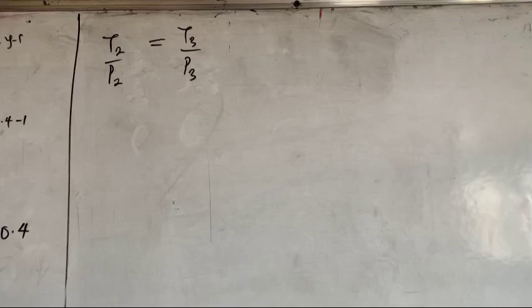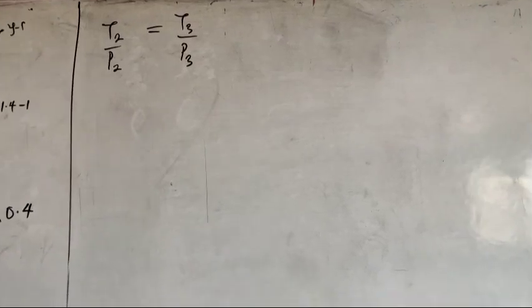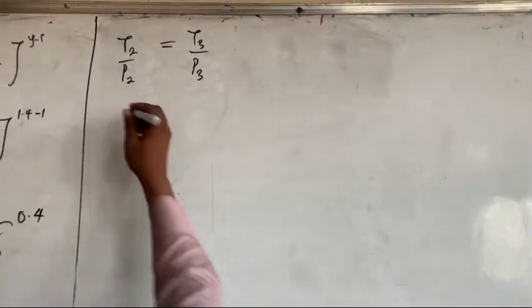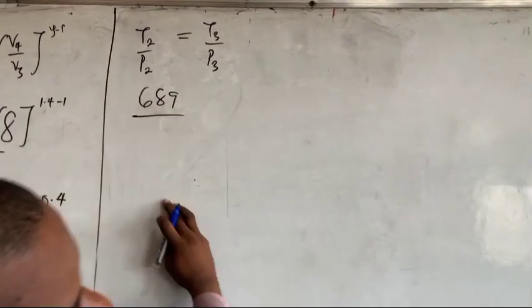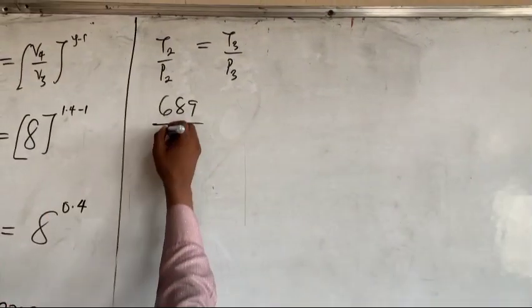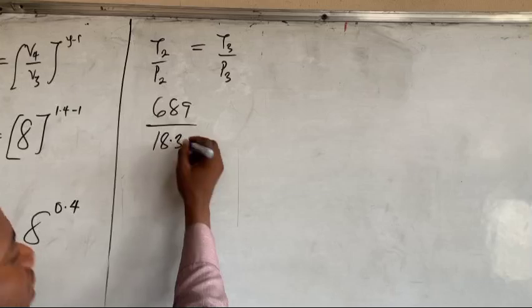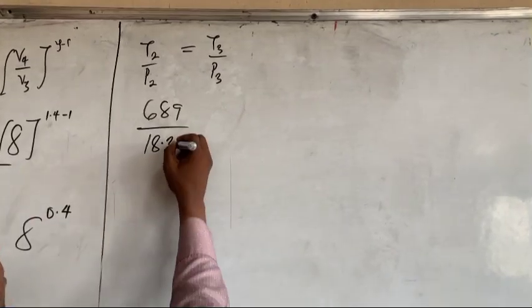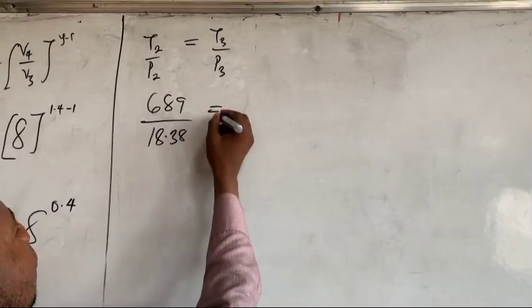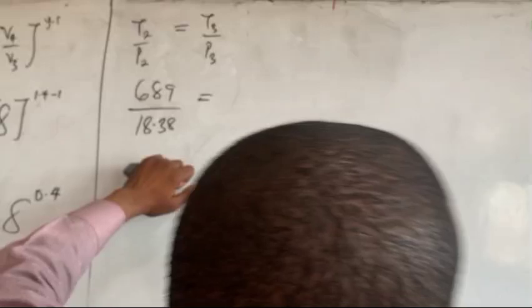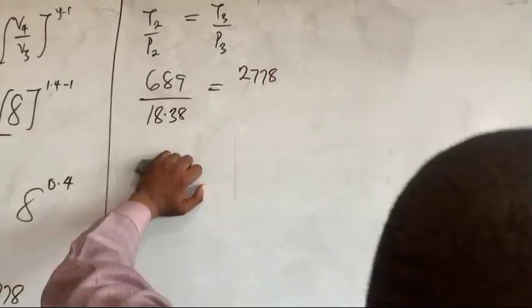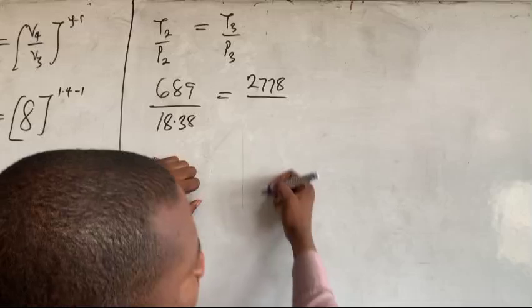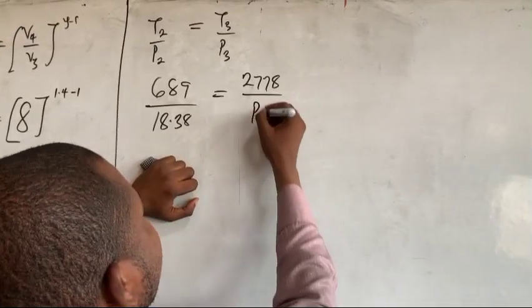So at this point it becomes obvious that 689 over P2, and what's our P2? 18.38, equals T3, which is 2,778, all over P3. We've not gotten P3.